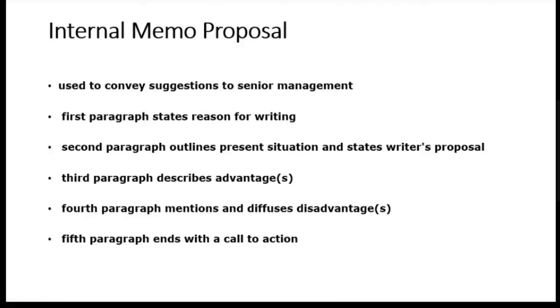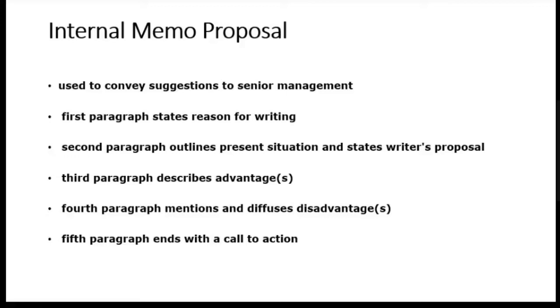And here comes the internal memo proposal. It is used to convey suggestions to senior management. The first paragraph states reasons for writing. The second paragraph outlines the present situation and states the writer's proposal.